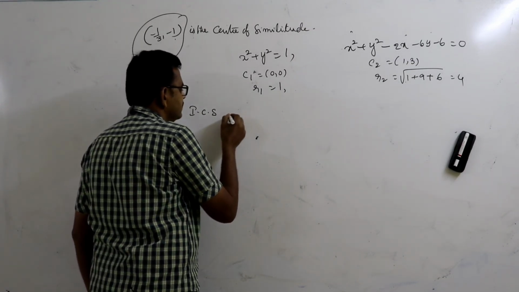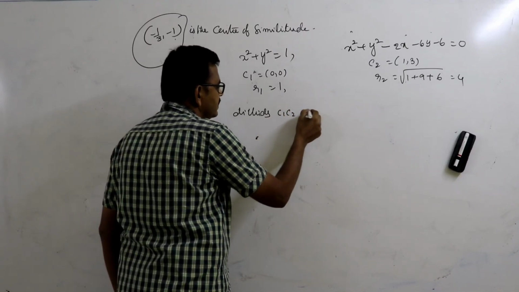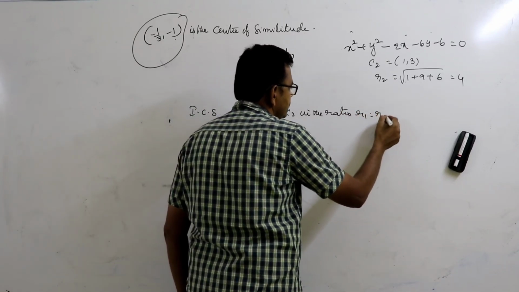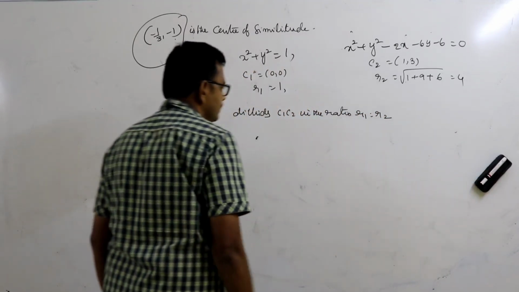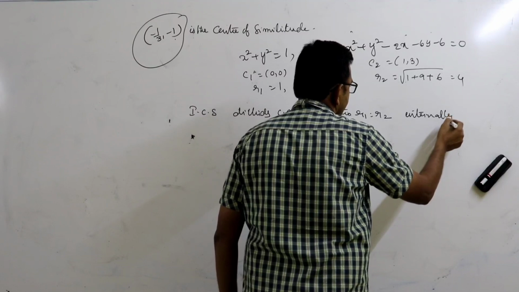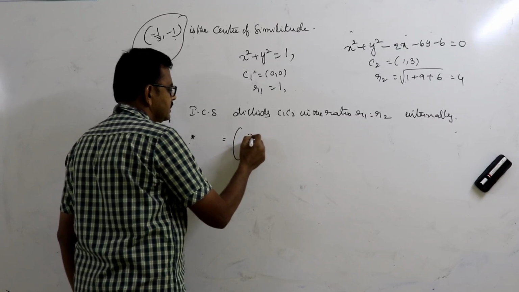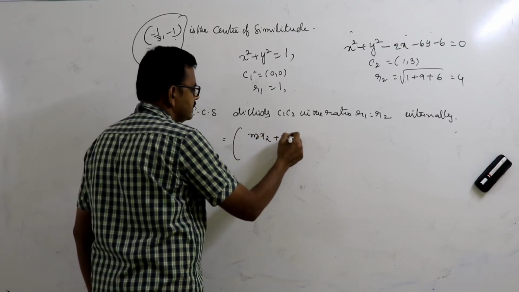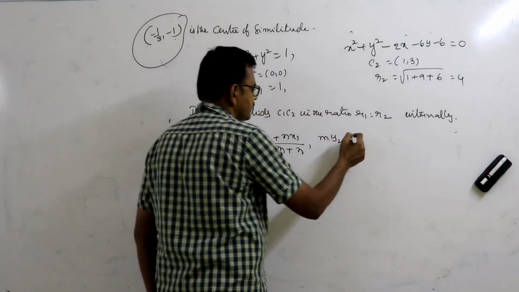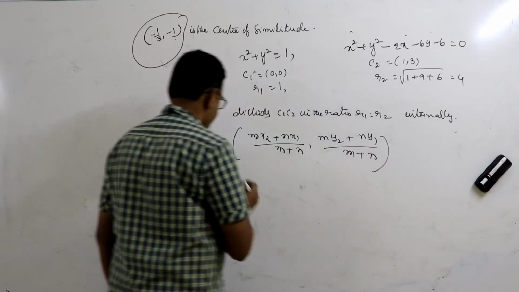This divides C1C2 in the ratio R1 is to R2 internally.